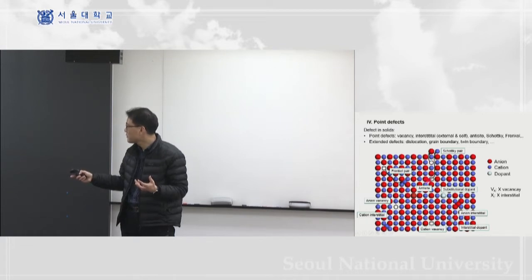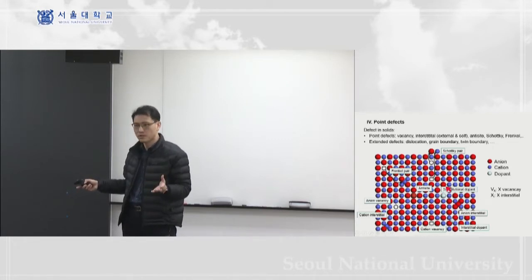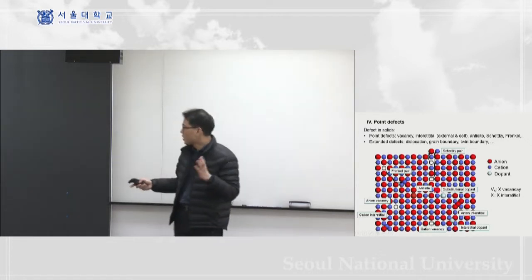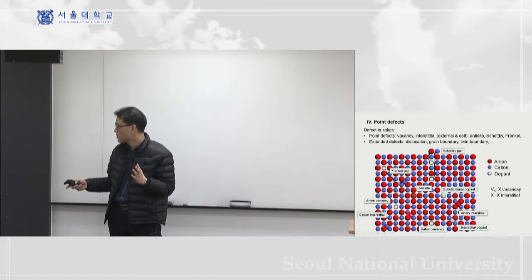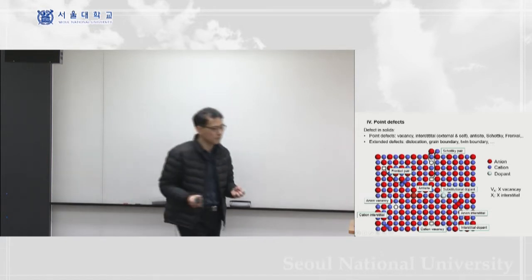If the vacancies are formed in pairs, it's called a Schottky pair. So in a material, numerous kinds of point defects are possible. Of course, among them, maybe the most important would be the interstitial and the vacancy defects.